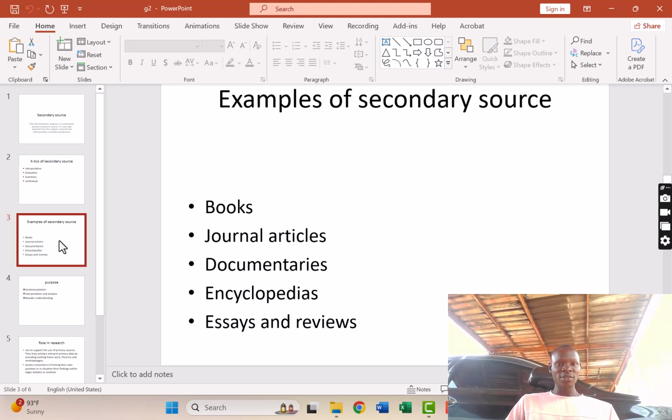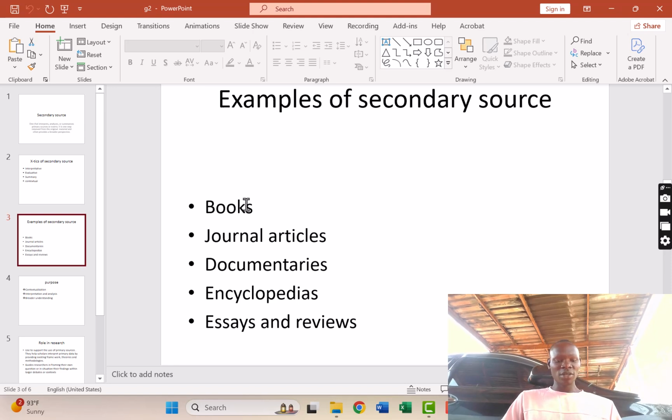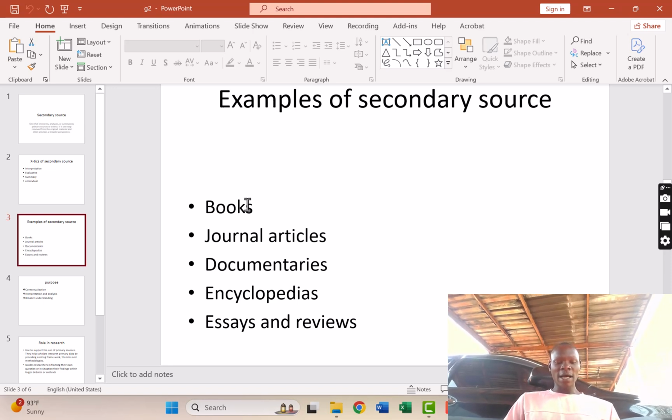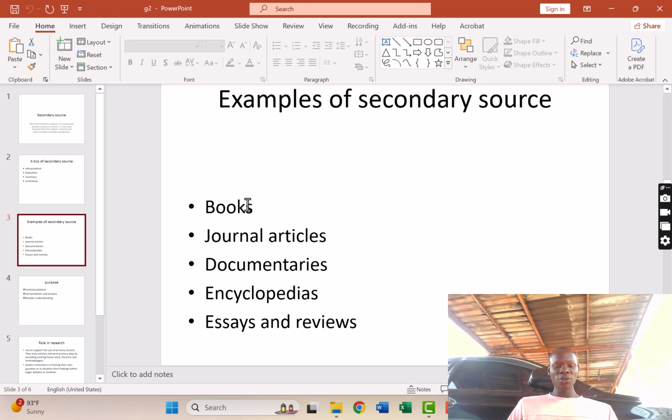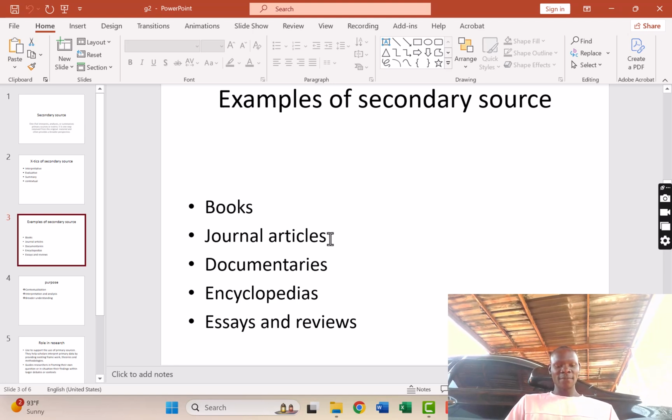Then you also have the examples of secondary sources. The examples here, we have books. Under books, you get historical books that analyze a specific historical period or event. Then you have journal articles that analyze primary data, such as research papers and results of scientific experiments.